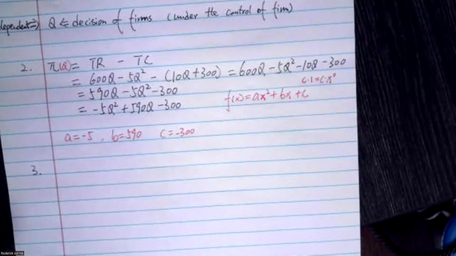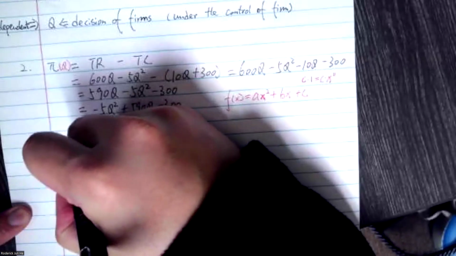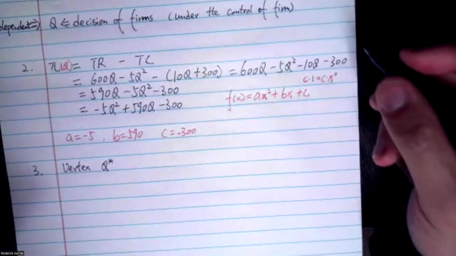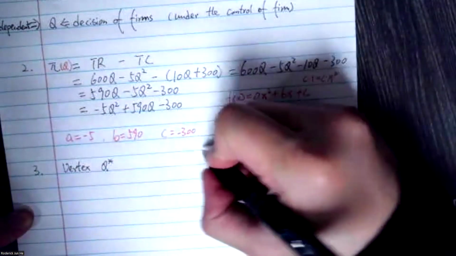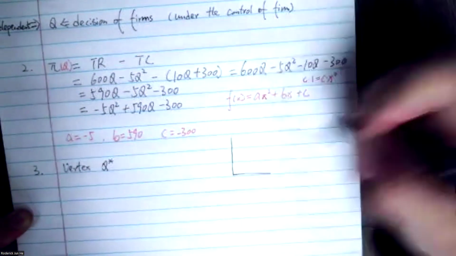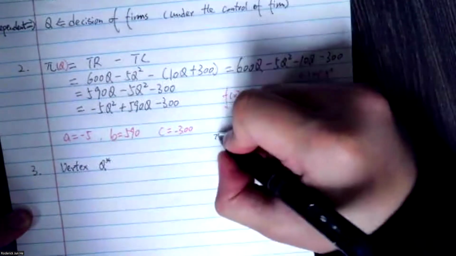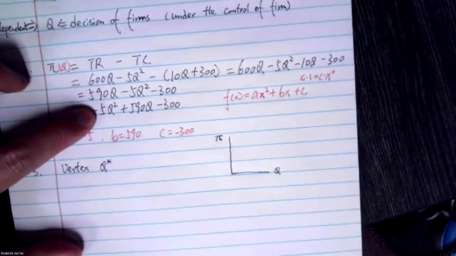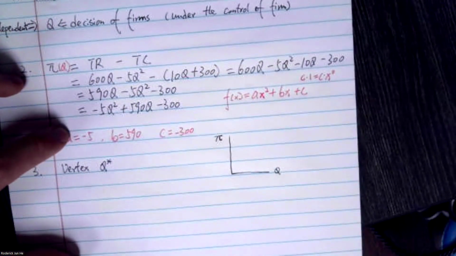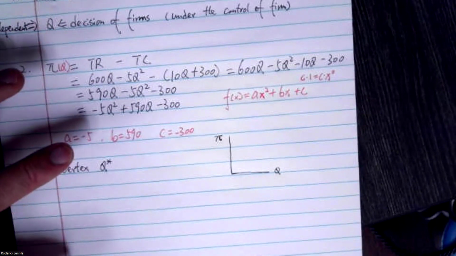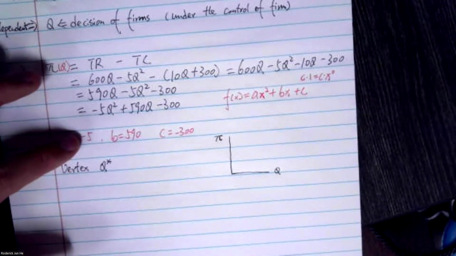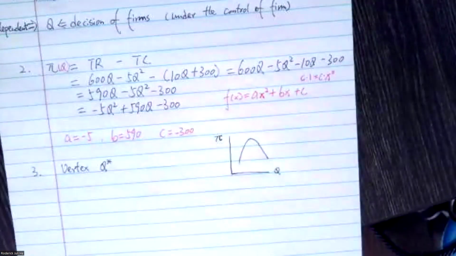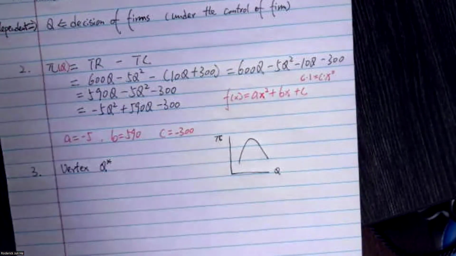In step 3, we are asked to solve for the vertex, which is Q star, that optimizes the profit. And here, it is helpful for us to draw the function curve. Since a is minus 5 here, smaller than 0, that means the graph of this quadratic function is opening downwards, a parabola, whatever you call it.